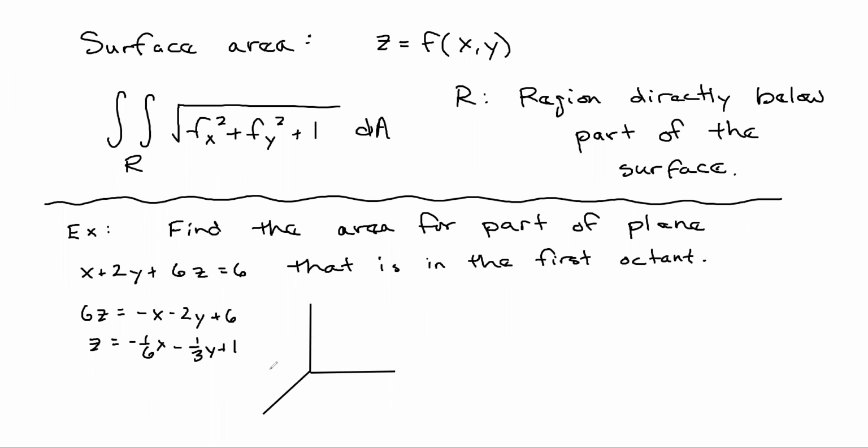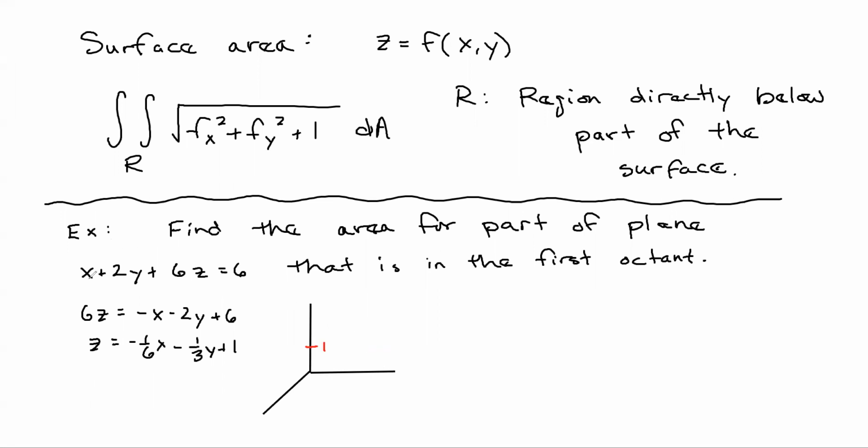All right, so how could we sketch this? The easiest way is to set x to 0 and y to 0, which gets you the z-axis. You can find the z-intercept by setting x and y to 0. Then 6z equals 6, and so we get a z-intercept of 1.